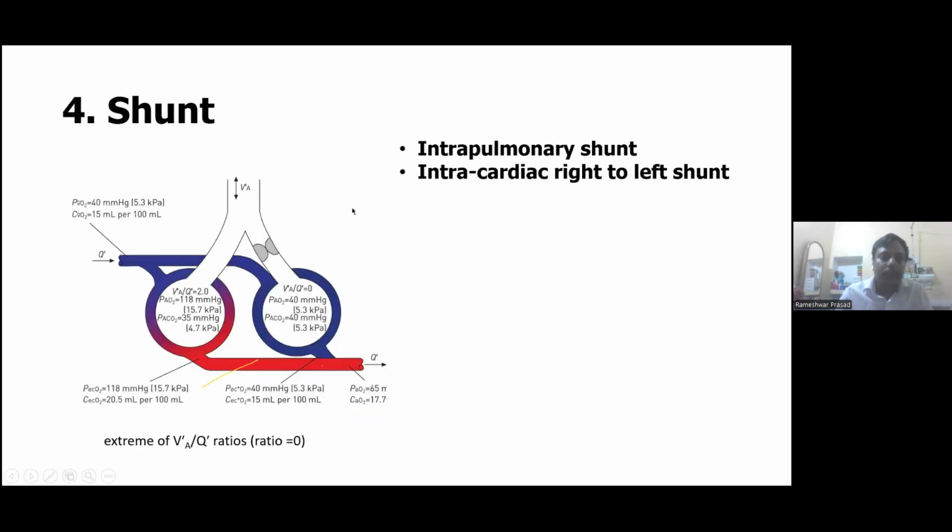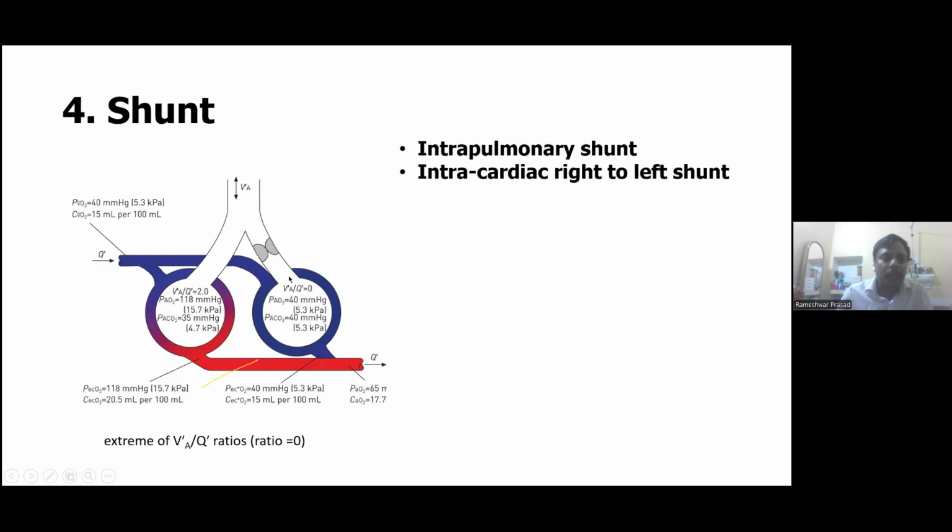The fourth type of hypoxemia occurs due to shunt. Here, what is happening? Both alveoli are well perfused. Perfusion is good. One alveolus is well ventilated. Ventilation perfusion ratio is normal. PaO2 is normal. PCO2 is normal.